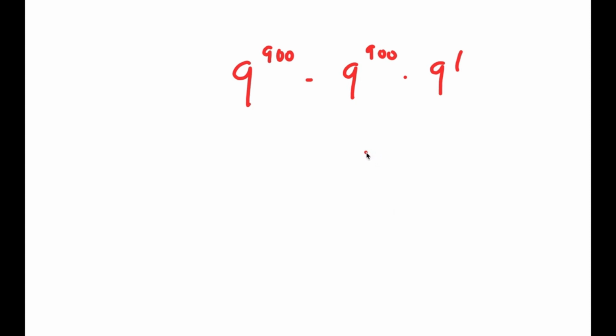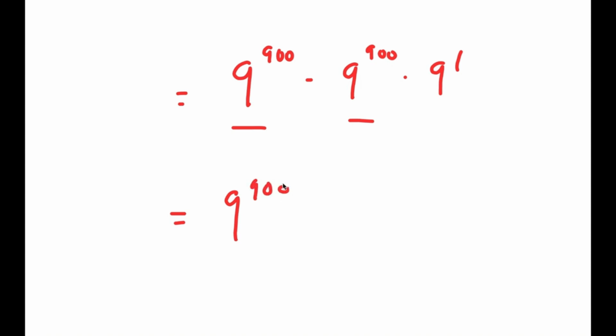Now from here, these two terms have 9 to the power of 900 in them. So I'm going to factor out 9 to the power of 900, which is what I said I was going to do at the beginning of the video.